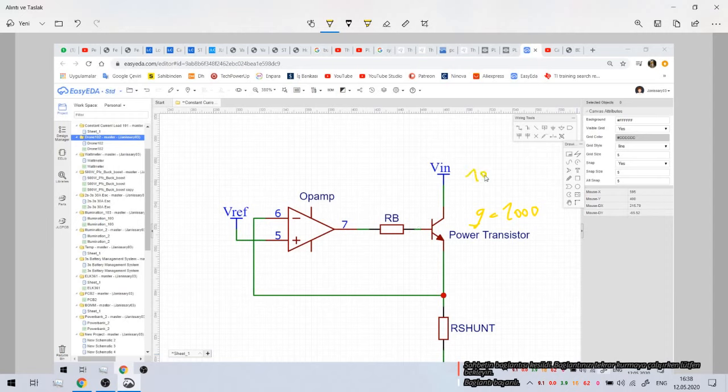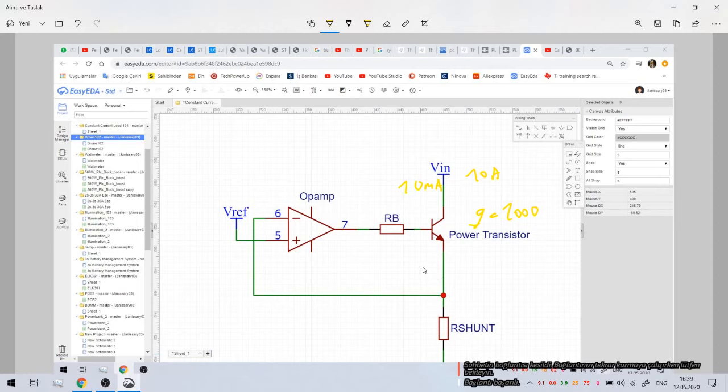And we need 10 amp going through it. So in such a situation, 10 milliamp current will flow as base emitter current, base current.